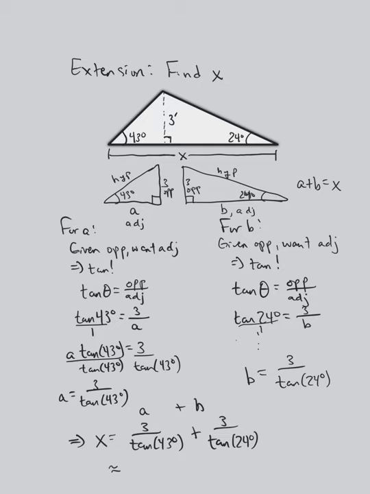So I'm typing in 3 divided by tangent 43, close the parentheses. Remember to close those parentheses on your calculator. Then plus 3 divided by the tangent of 24, and hit enter, and you'll get that approximation. Say I told you to give it to 2 decimal places. Hopefully you calculated that, and you can see that it rounds to 9.96.